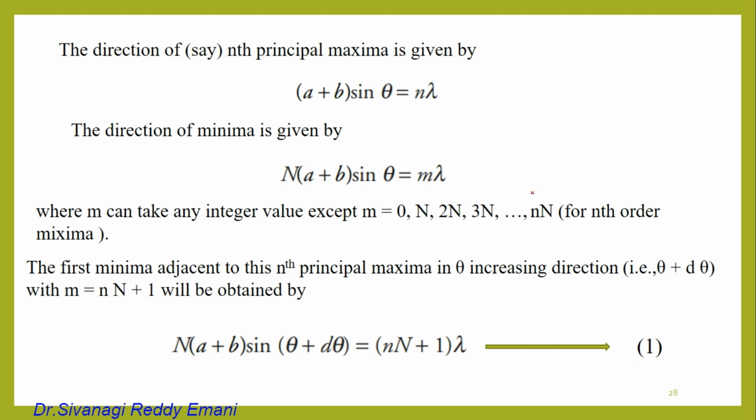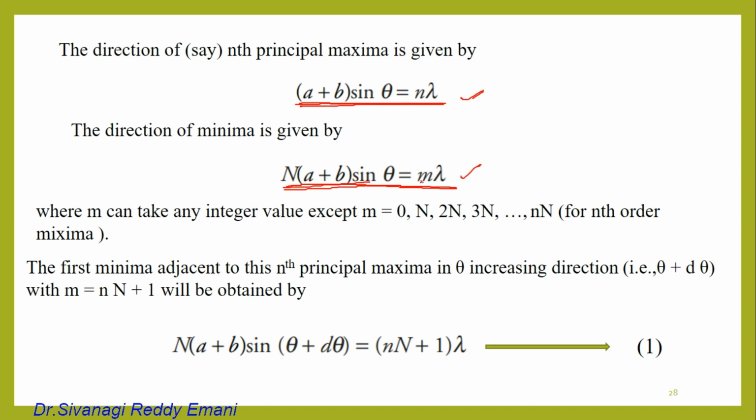The direction of the nth principal maxima is given by (a plus b) sine theta equal to n lambda. This we can take from the grating directly. Then the direction of minima is given by N into (a plus b) sine theta equal to m lambda. This is for the nth principal maxima, and this is for minima.